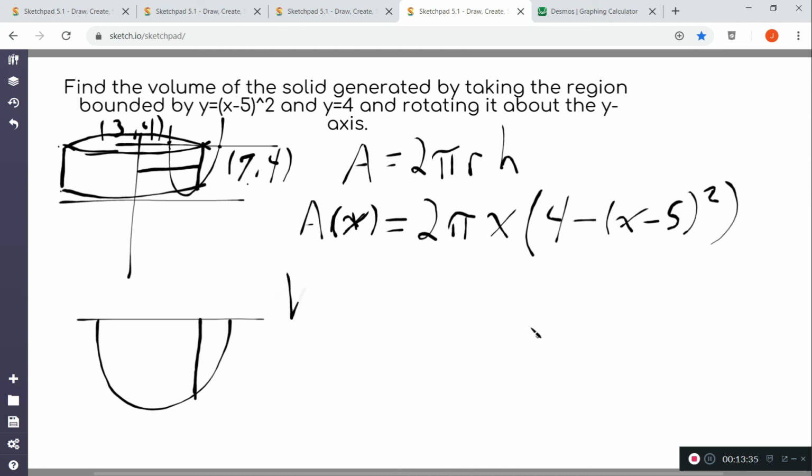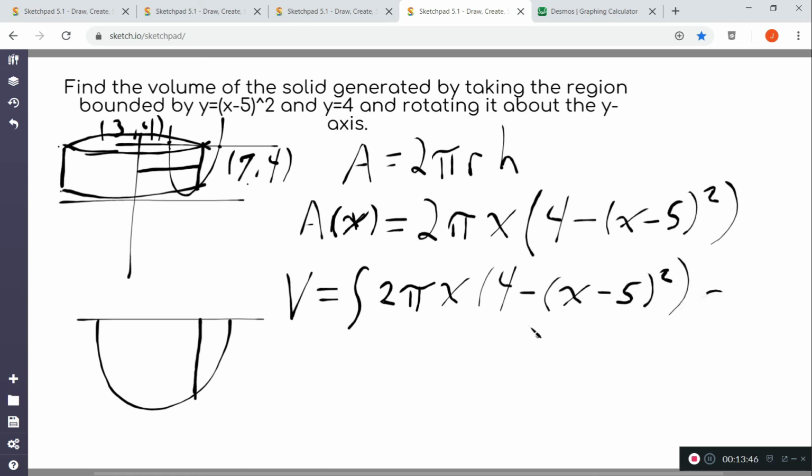So our volume is the integral of that with respect to x.